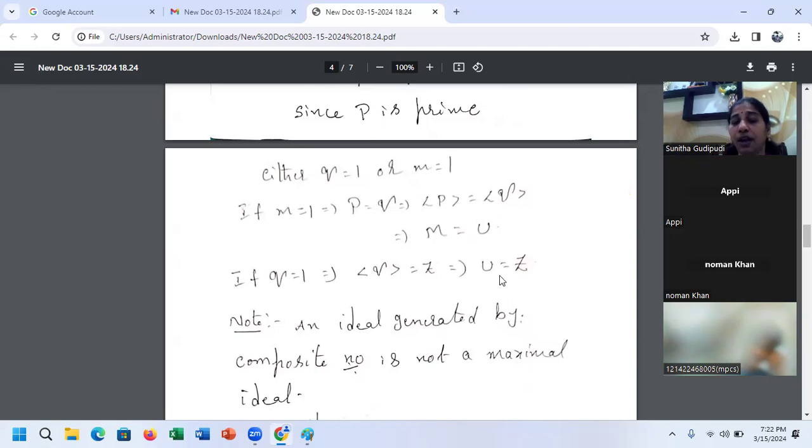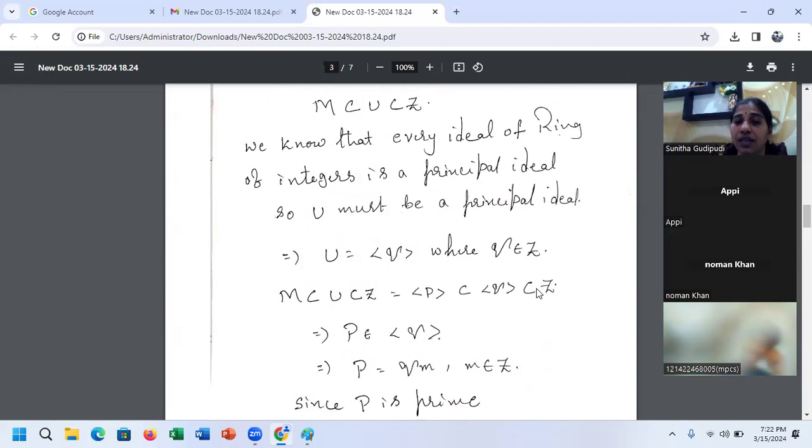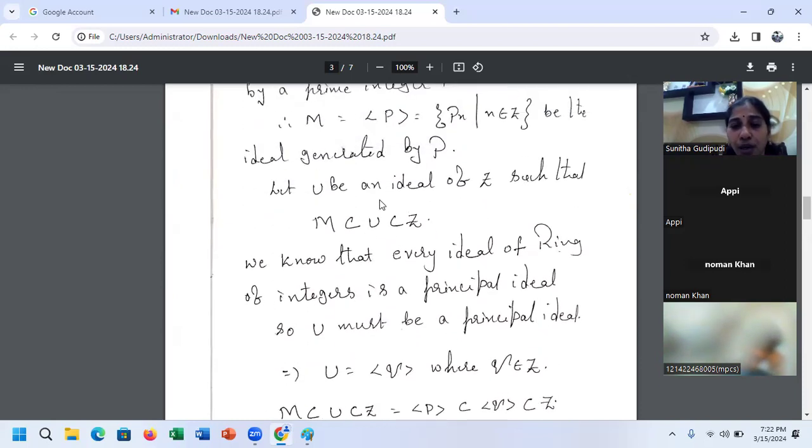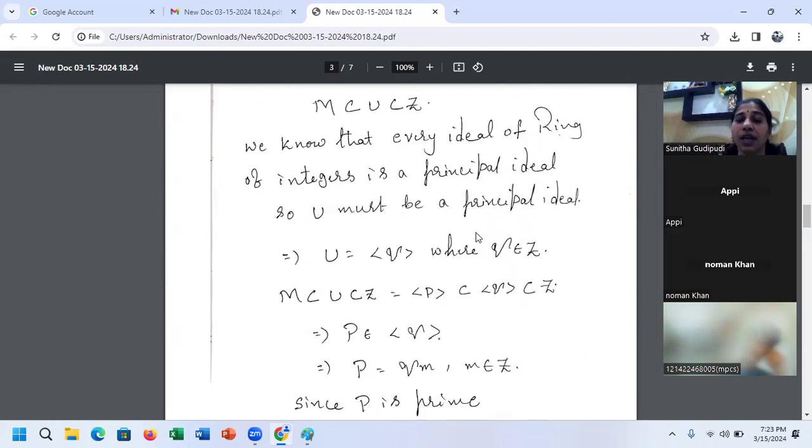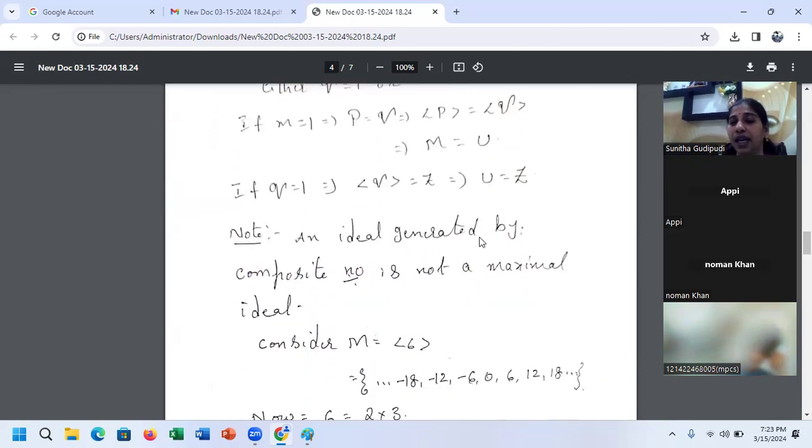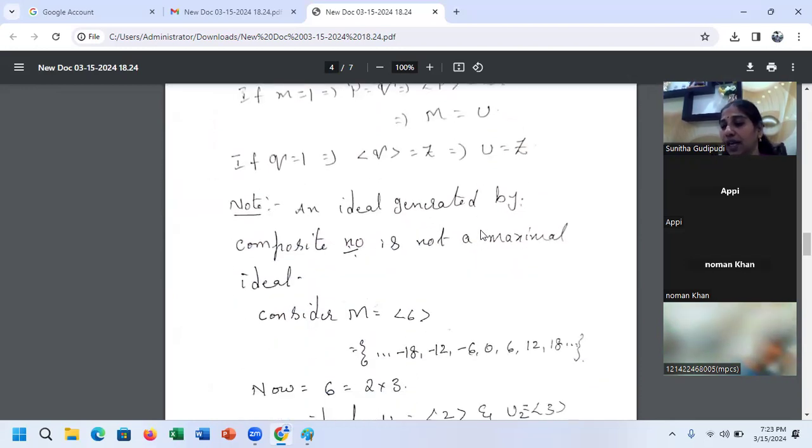So that means U is nothing but Z. So in case we have an ideal U like this, we have either M equal to U or U equal to Z. That means there is no proper ideal of Z containing the ideal M. That means M is a maximal ideal, we can say.